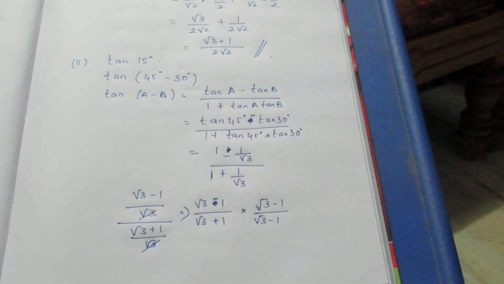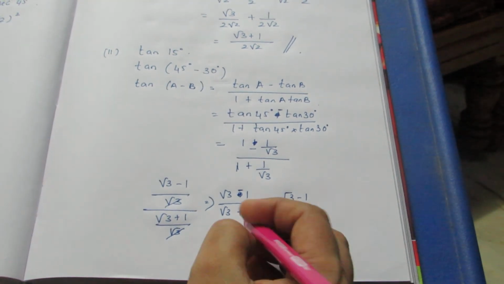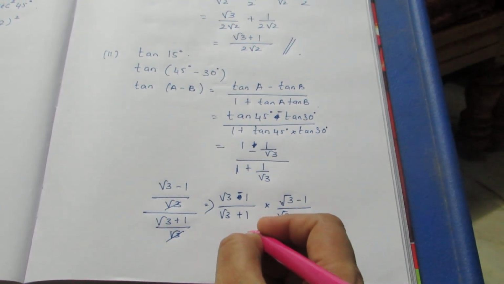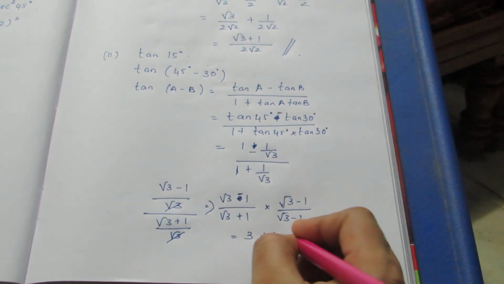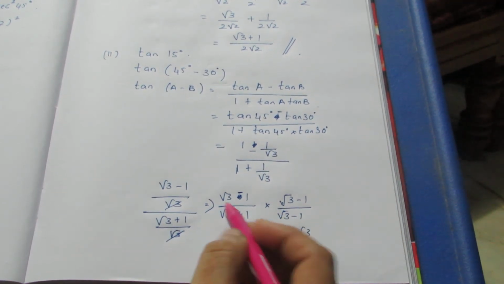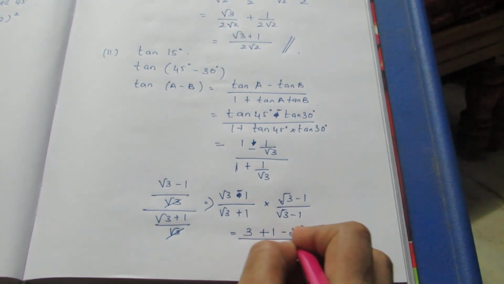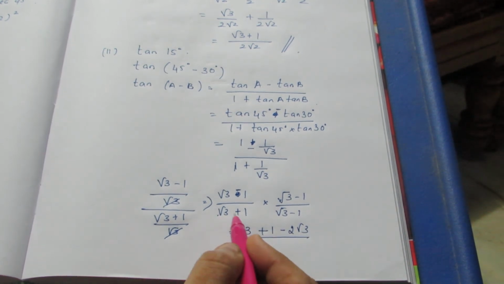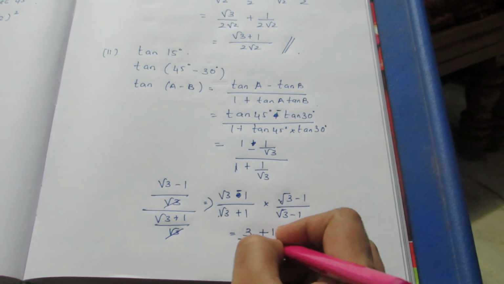I need to multiply both the numerator and the denominator. In the numerator, multiplying these two, I get the A minus B whole square formula, which is A square plus B square minus 2AB, because both are root 3 minus 1. In the denominator, I get A plus B into A minus B, which is A square minus B square, that is 3 minus 1.